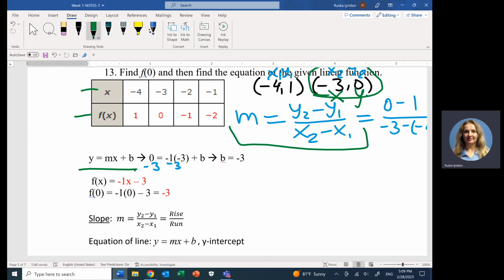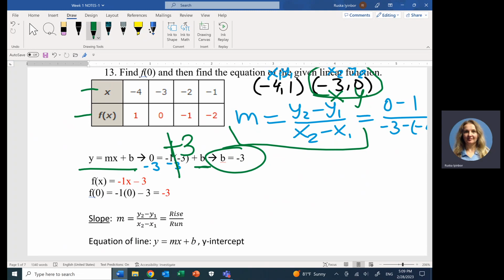So I'm replacing: 0 equals -1 times -3, plus b. And I need to find what b is. When you solve it, -1 times -3 is +3. So I subtract 3 from both sides. These cancel, so I get b equals -3.